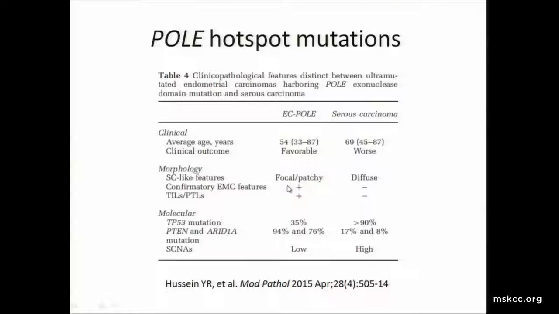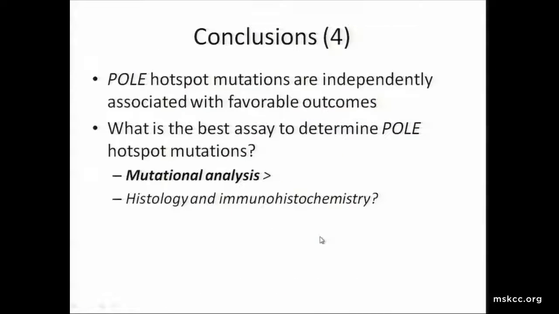They almost always have confirmatory endometrioid features in the form of low-grade endometrioid carcinoma. They frequently have peritumoral and infiltrating lymphocytes. One third of them have P53 mutations, but the exons involved in the P53 mutations are different. We can't always pick up that degree of subtlety using an immunohistochemical stain alone. And in contrast to serous carcinomas that have very low rates of PTEN and ARID1A mutations, we have very high rates in these POLE tumors.